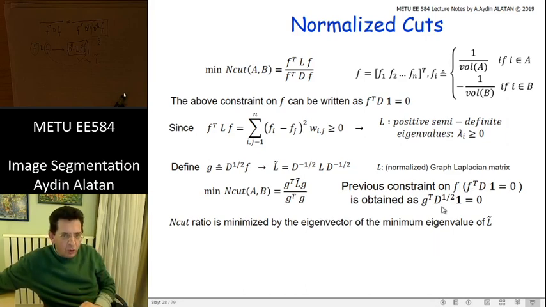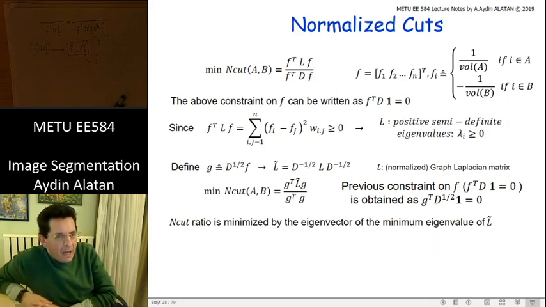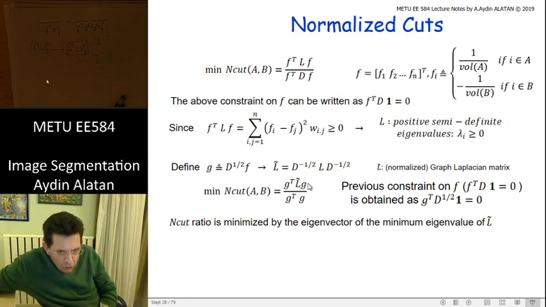Now, I'm going to give some notes indicating that the solution of this is minimized by the minimum eigenvector, the eigenvector corresponding to the minimum eigenvalue of L tilde.